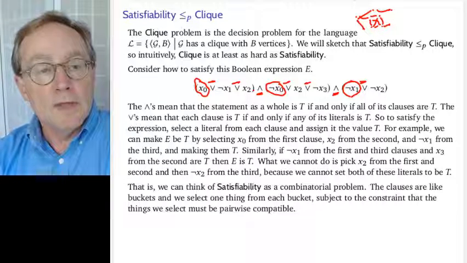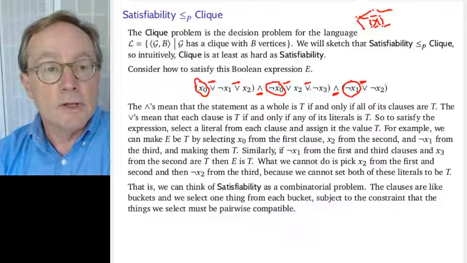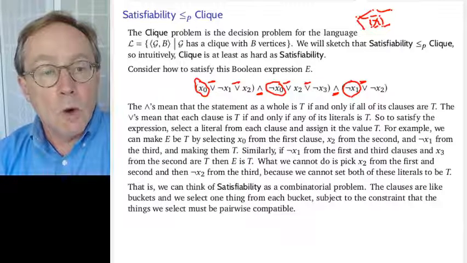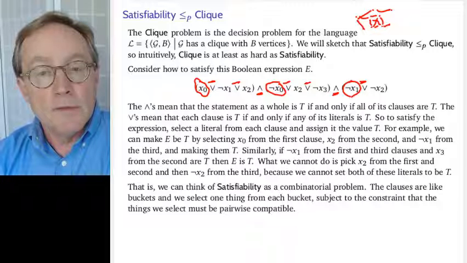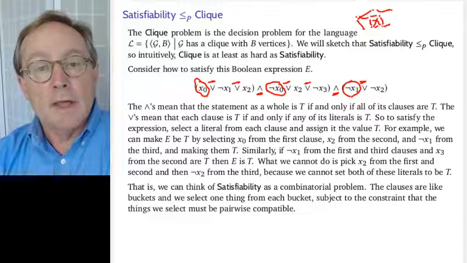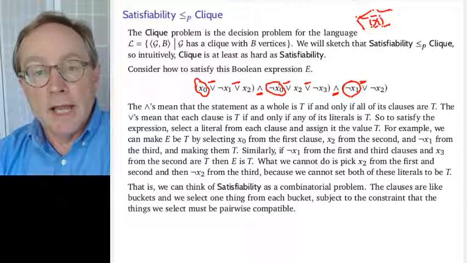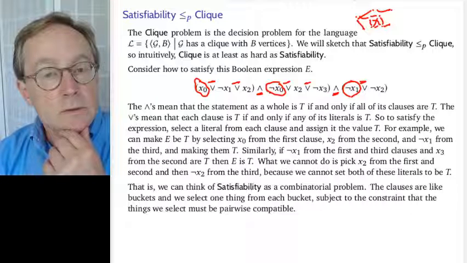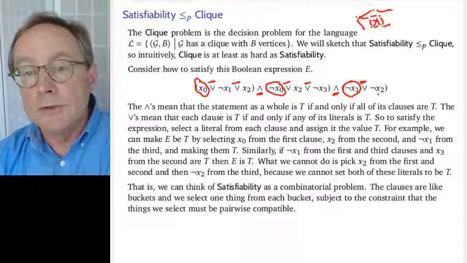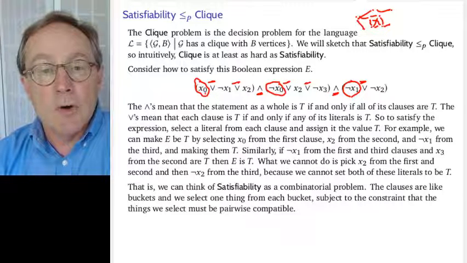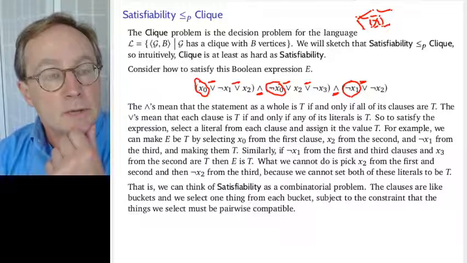So one way to think of satisfiability is you've got these buckets and you're asking: is there a way to pull one thing from each bucket, at least one, but one will do, in such a way that you never pull an atom and its negation from two different buckets? So it's really a combinatorial problem.